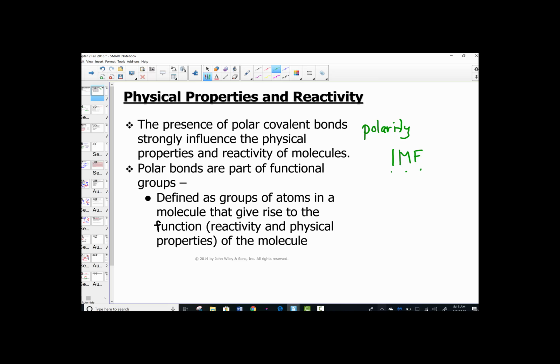So, laying the foundation of a future lesson in the same chapter on IMF, intermolecular attractions, if you see a polar molecule, you're going to start suspecting things called dispersion forces. We're going to see something called hydrogen bonding.